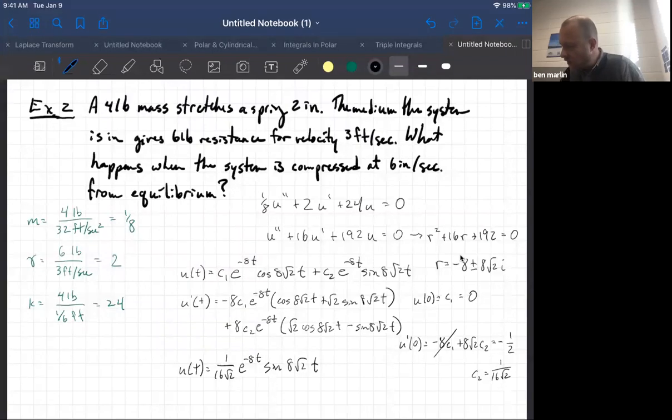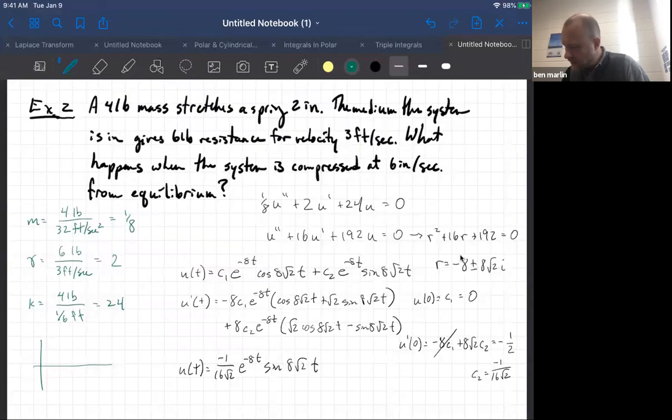Since the C1 we know is 0, then the C2 ends up being a negative 1/16 root 2. And so we have that sort of thing there. So you compressed the spring at first, and so it's going up and down, but it starts with a compression, okay?